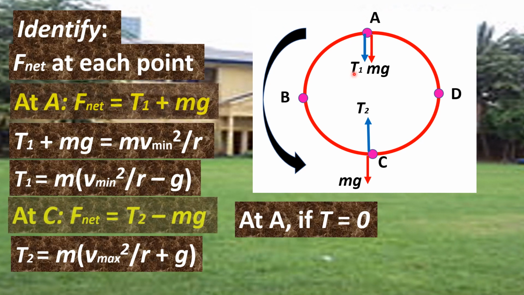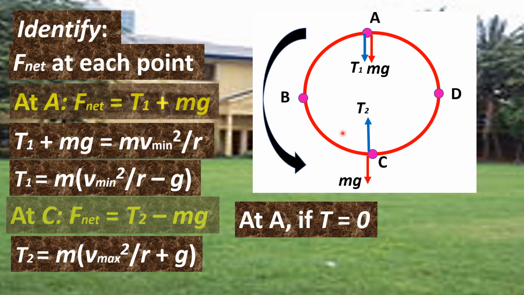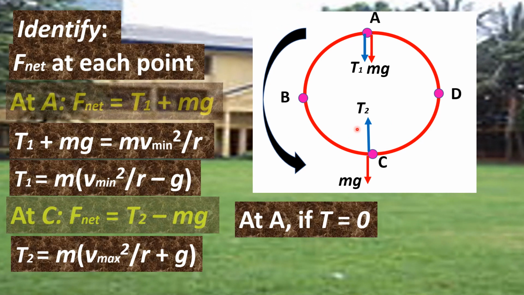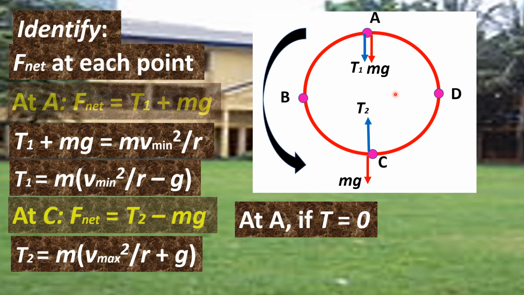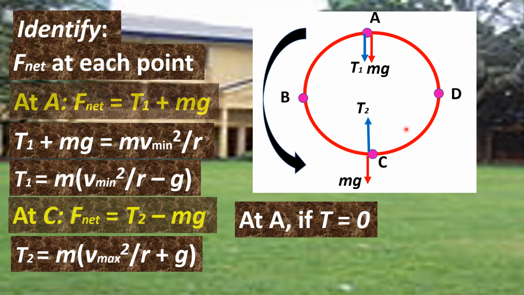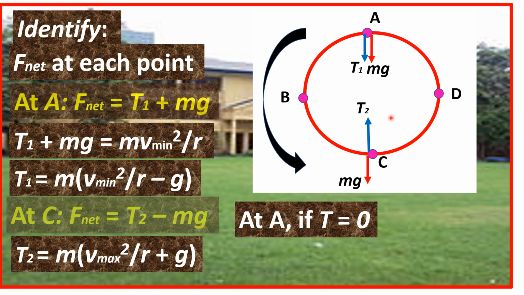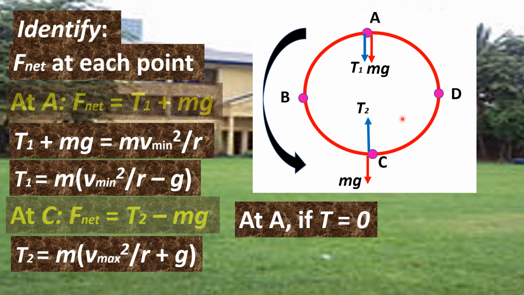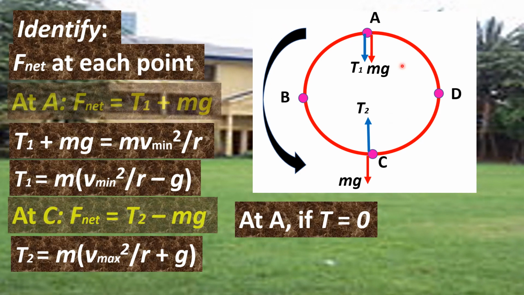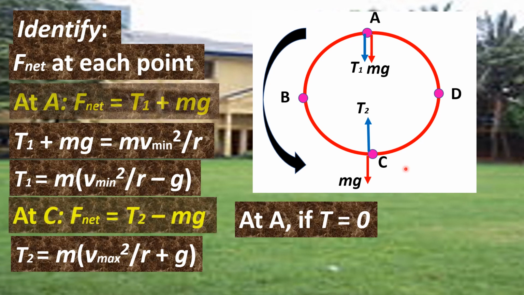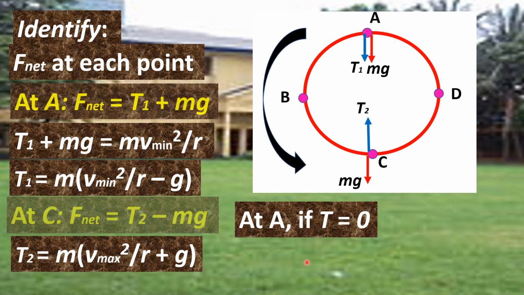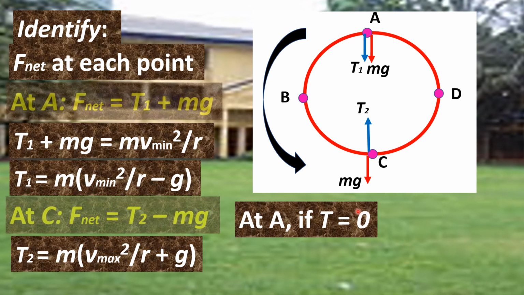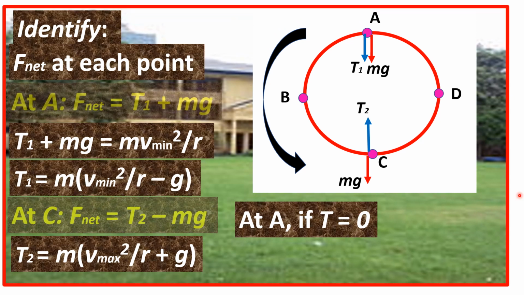So that happens if, while whirling the ball that is tied to the end of the string, just before it reaches point A, the string gets loose, or the string slackens. So it is like saying that the tension T1 becomes 0, right? What will happen to the ball?